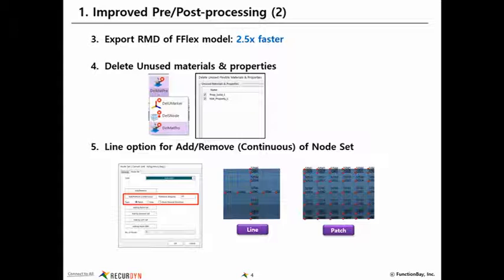Now there are quite a few new features that have been added to the FFlex, and this first one here is deleting the unused materials and properties. You may be familiar with the delete unused markers, which is the top one there.